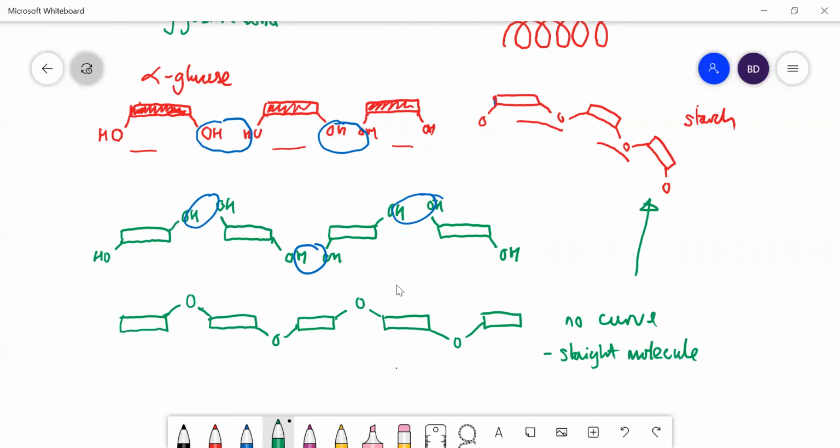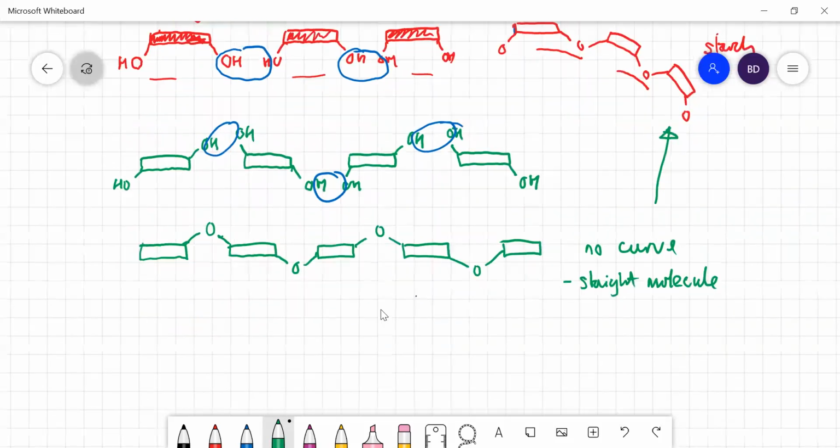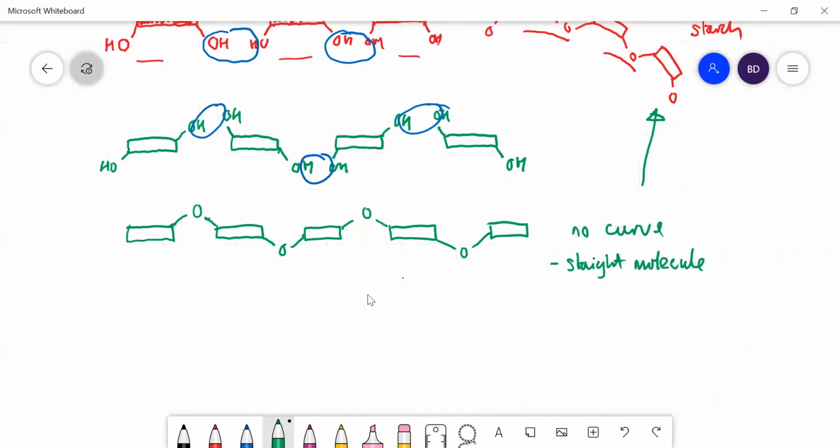Okay, and that makes all the difference, because rather than forming these spirals, if you drew your cellulose molecules, they are going to look like this. So you get one cellulose molecule, and it will have lots of OHs sticking off it. And these OHs, they can form intermolecular forces, okay?